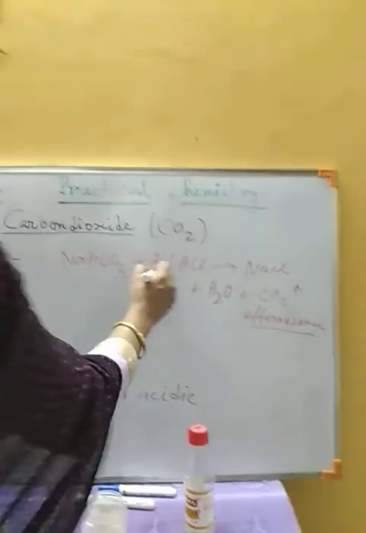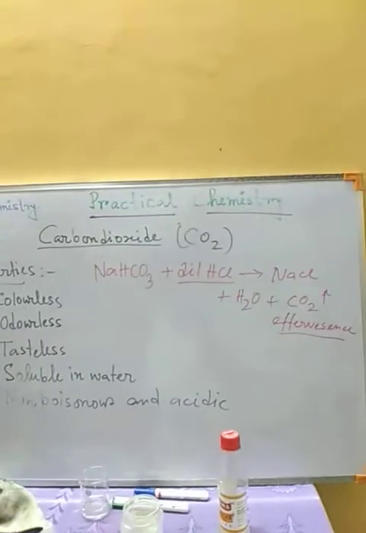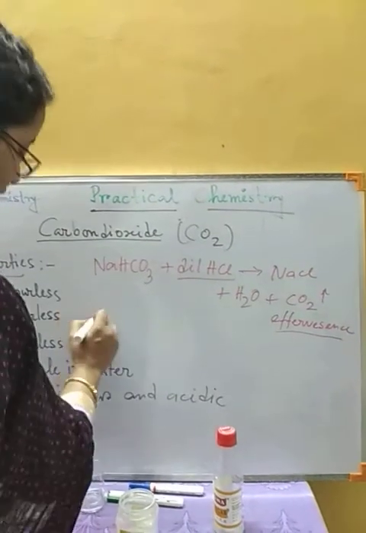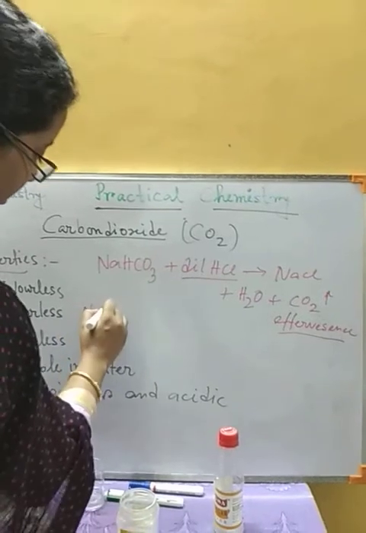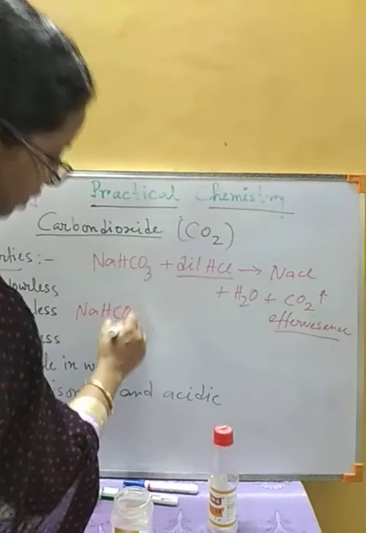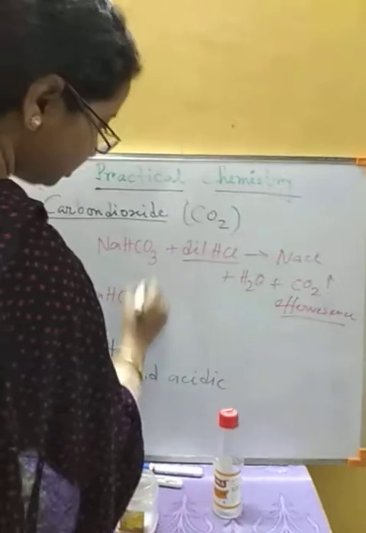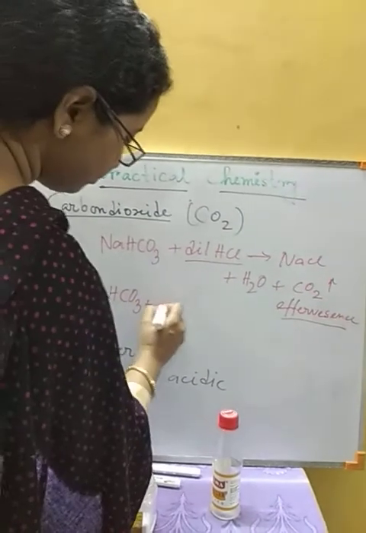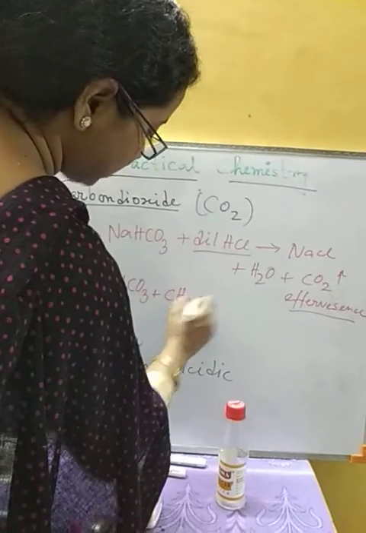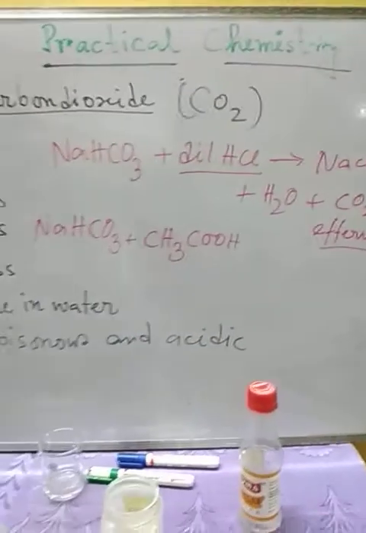Now instead of dilute hydrochloric acid, if we use vinegar, what reaction do we get? The same sodium bicarbonate we have taken, but instead of dilute hydrochloric acid we take acetic acid, that is the formula of vinegar.